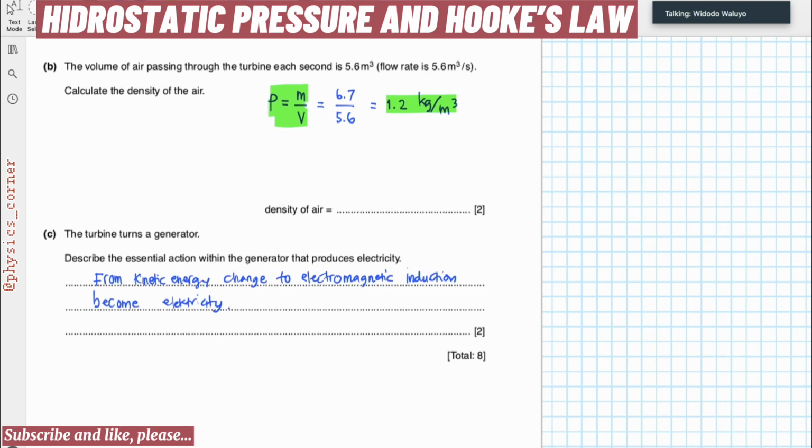Or maybe if I make a flowchart, this is kinetic energy and this is electricity.